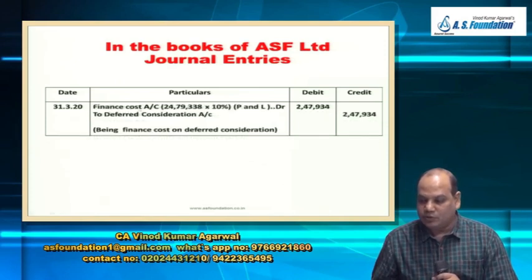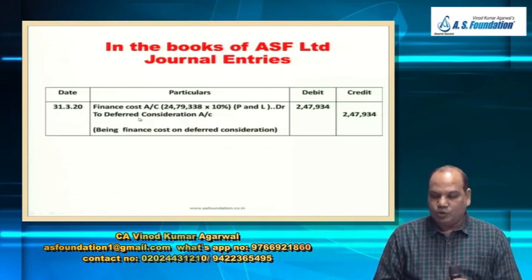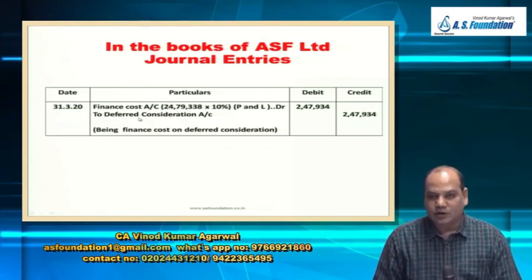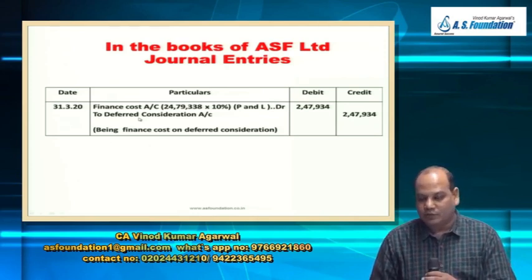Now one line blank. This first year is over. Second year, 31st March 2020. Again we will calculate the interest on the opening balance. What will be the opening balance in the deferred consideration account now? 24,79,338 into 10%, 2,47,934.